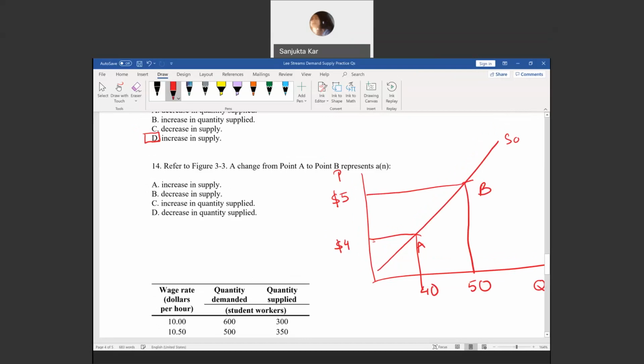I would say because the price went up, the quantity supplied went up. There is an increase in quantity supplied. So price and quantity, we use these two in the same sentence. Price goes up, quantity supplied goes up. This is called the law of supply. Okay.